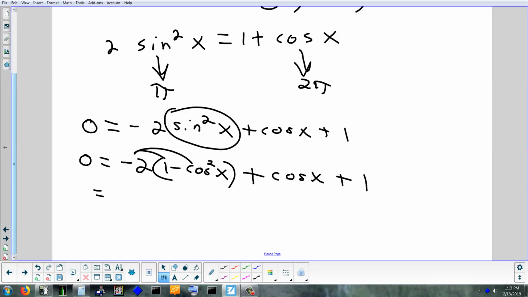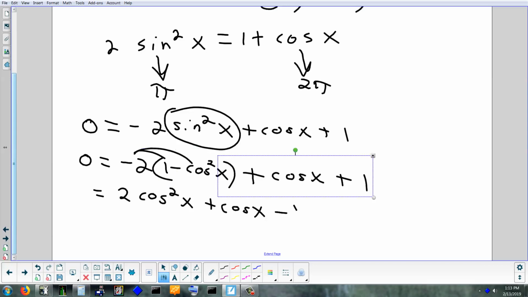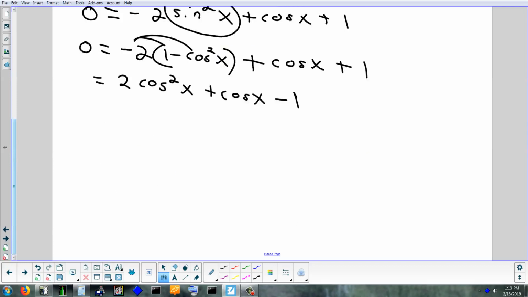Not a big deal if you don't, just divide everything by negative 1 to make the cosine squared term positive. So 2 cosine squared x, I didn't forget about negative 2 times 1, I'm going to come back to that, plus cosine x. What's negative 2 times 1? Negative 2 plus 1. Negative 1. So I just did it all in one step.